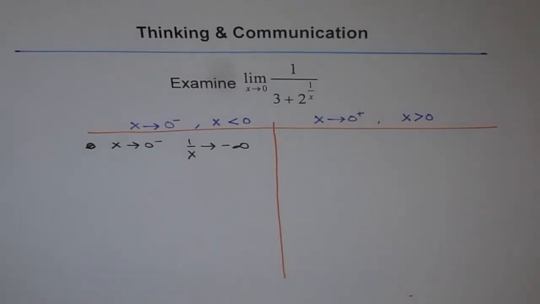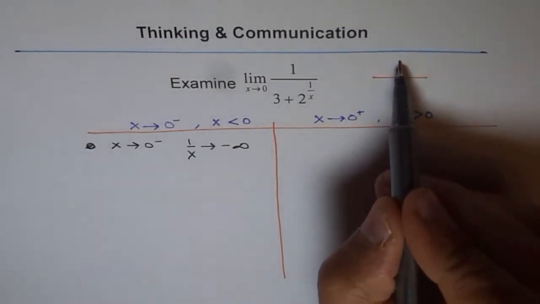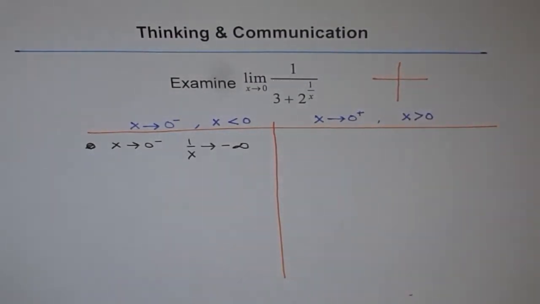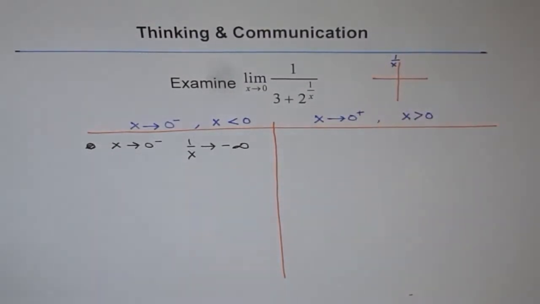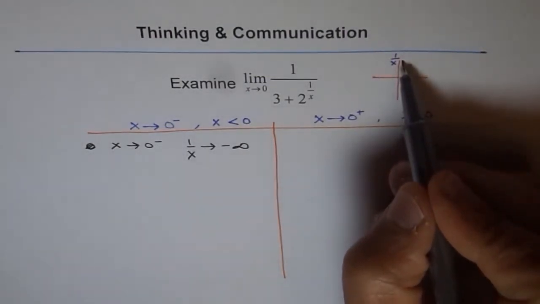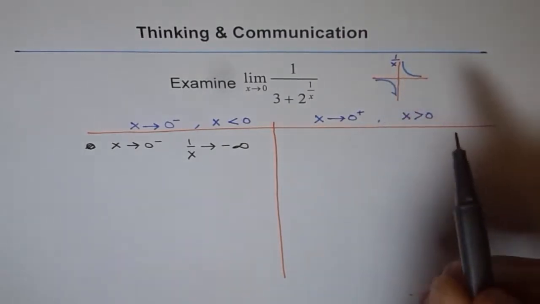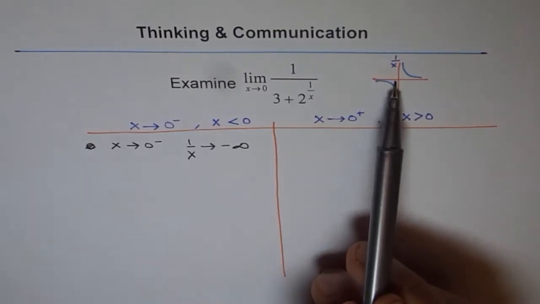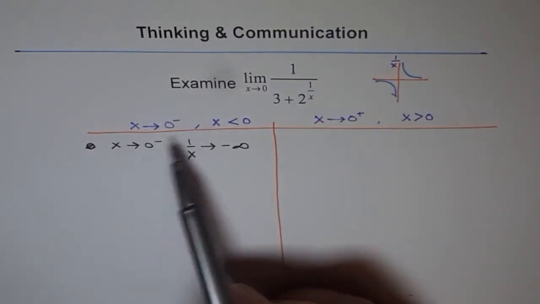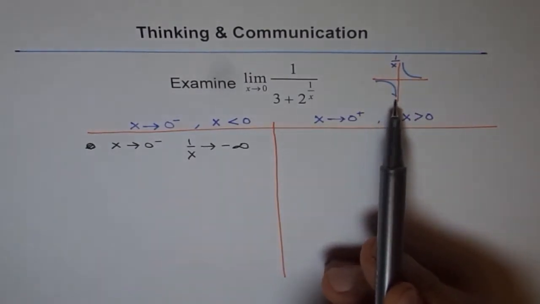Let me sketch that graph on the side, or let me do it here for you. I'm only doing 1 over x, okay? Let me write here 1 over x. So the 1 over x graph looks like this, correct? So as x is approaching 0, the origin, from the negative side, then 1 over x is approaching negative infinity.